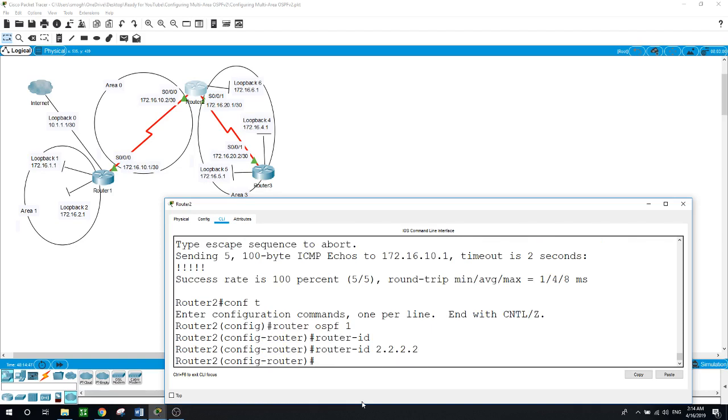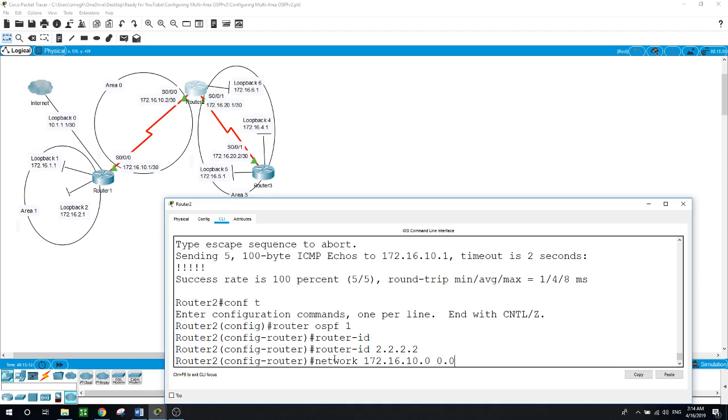Now we have here the networks on router 2. Configure them with OSPF network of the interface facing router 1 and the interface facing router 3, and then the loopback.